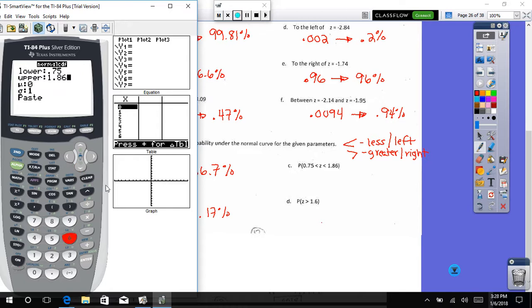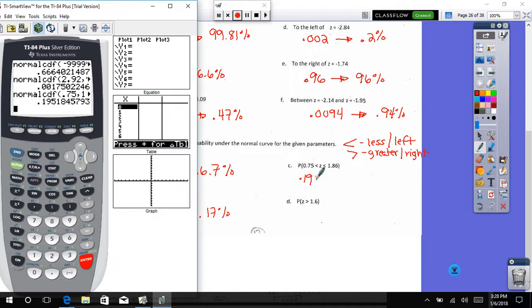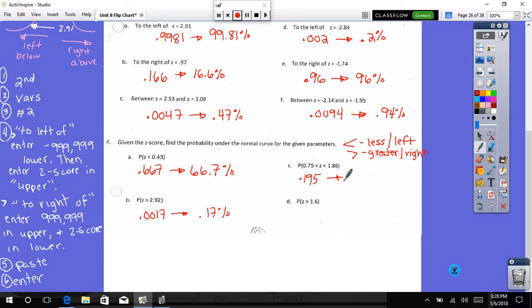Not a z, sorry, I'm looking for the probability, the percentage. Okay, and that is 0.195. Percentage-wise, 19.5%.